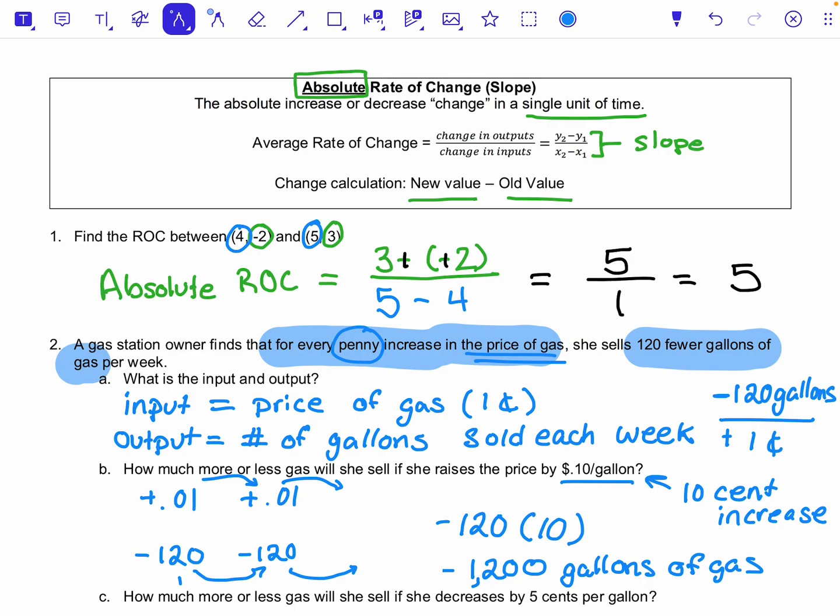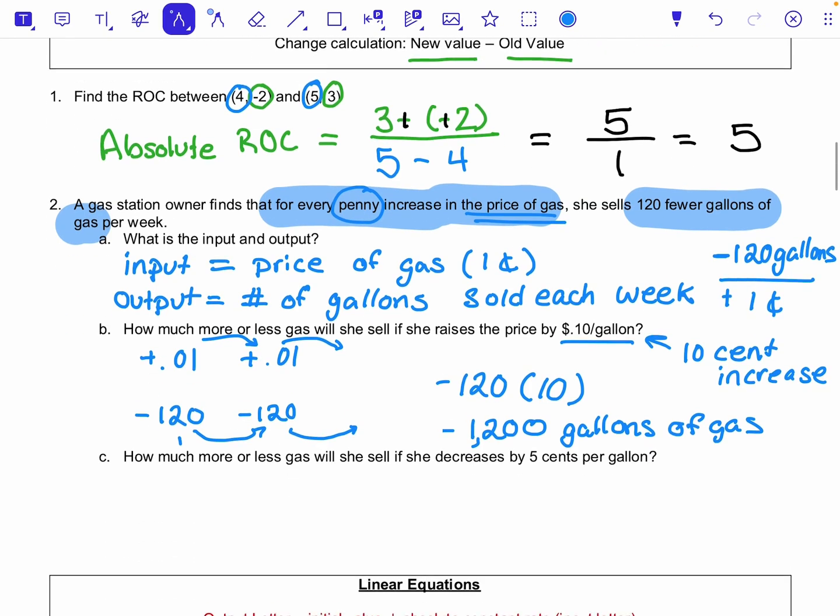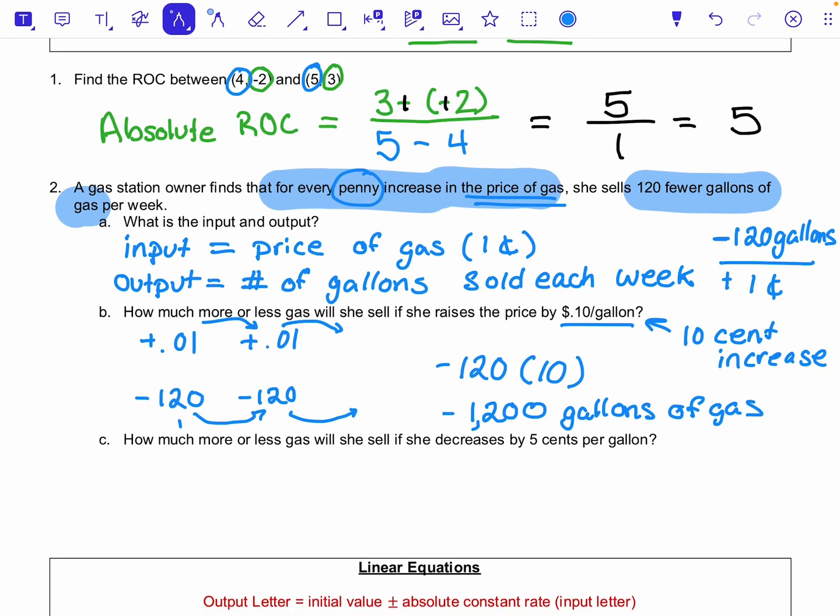Now, looking at the next problem, how much more or less gas if she actually lowered her price by 5 cents per gallon? So this time, if I was thinking about that table method, she's dropping the price a cent, which means she'd sell an additional 120 gallons, because we're going backwards, and I could keep going, and I would do this 5 times because she has 5 cents.